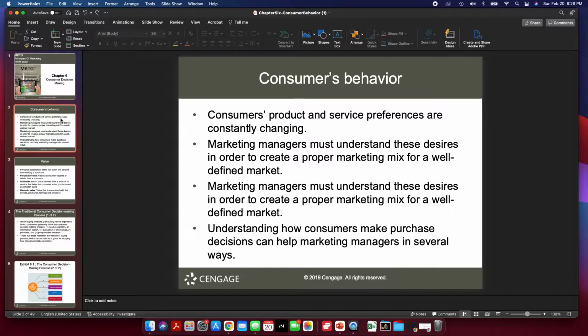Right? Marketing managers have to understand these desires, the needs or the wants, in order to create a proper marketing mix for a well-defined market. And understanding how consumers make purchase decisions can help marketing managers in several ways. So the more we understand about our target segments and the people that we're targeting, the better off we are.